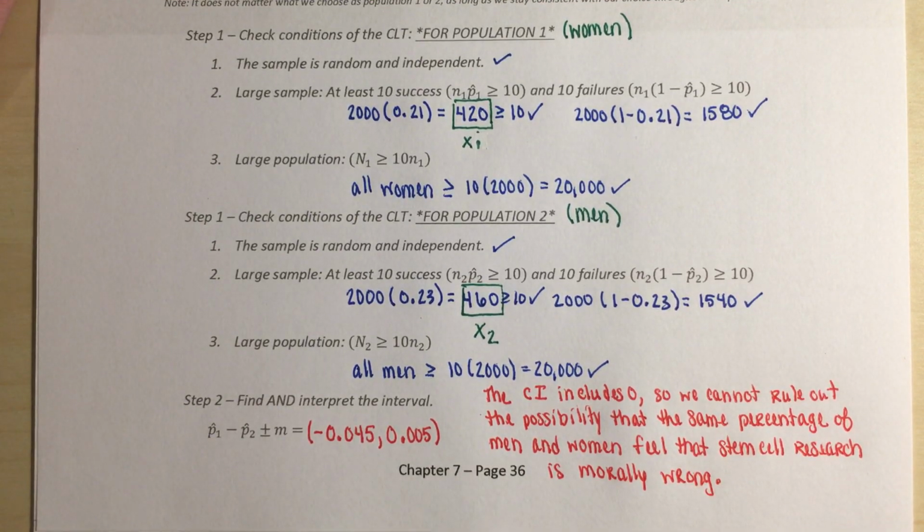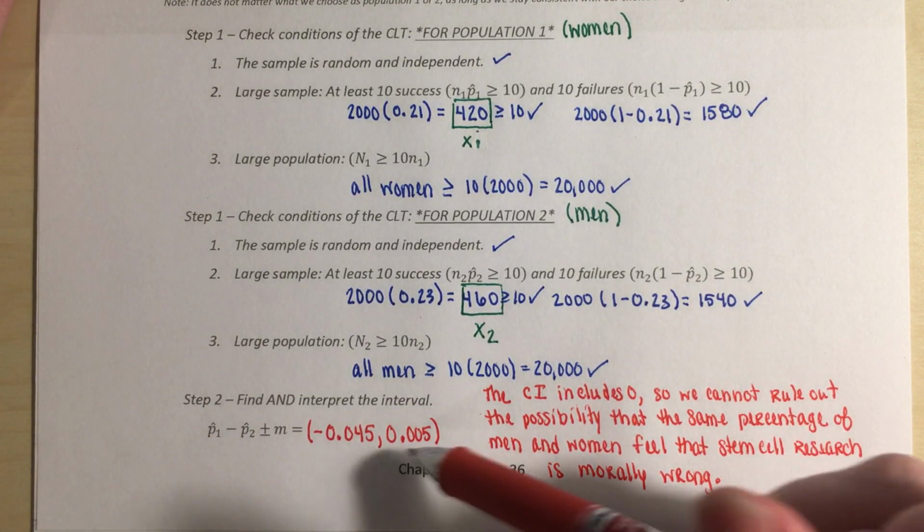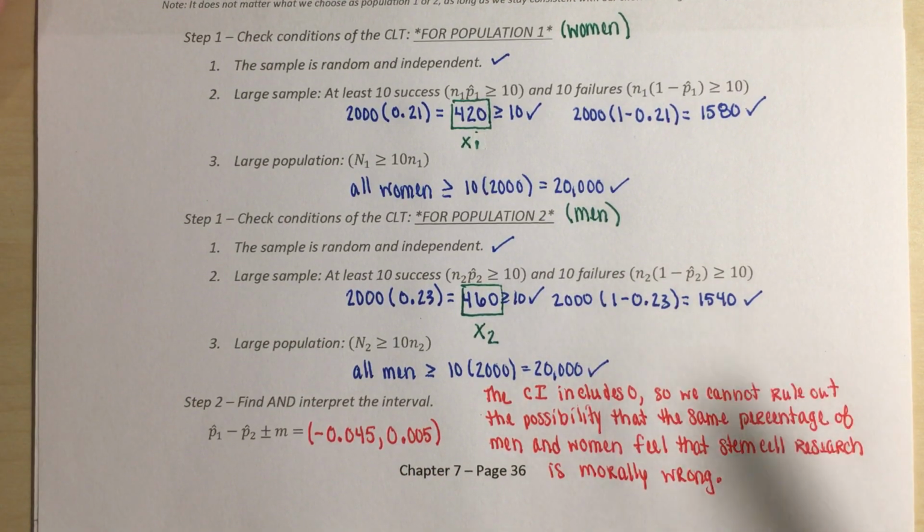Since we plugged all the information into StatCrunch, we end up with a confidence interval that includes 0. We cannot rule out the possibility that the same percentage of men and women feel that stem cell research is morally wrong.